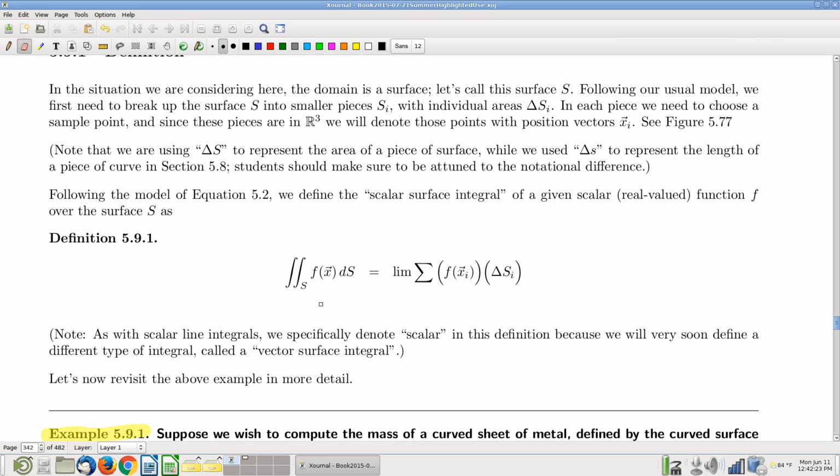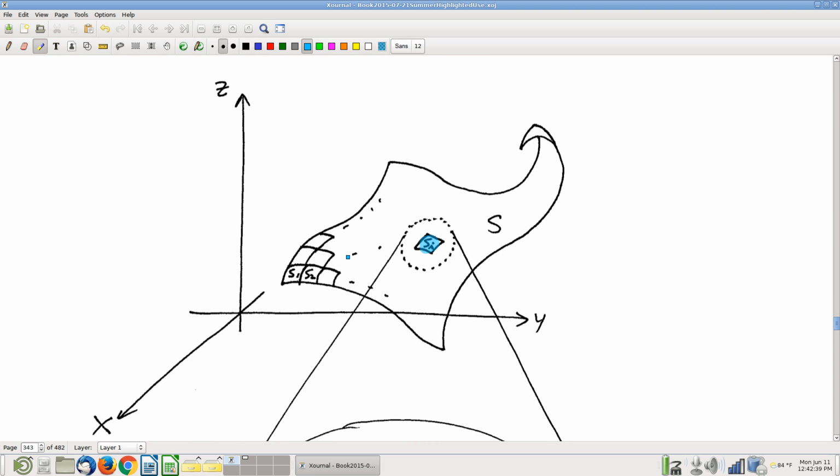Again, I think this is really plausible notation. We're shorthanding delta S by dS. You probably would have guessed that, right? This is a summation that's happening over a two-dimensional surface. So you have to tell me two things to describe where you are. You know, which of these slices are you in, you might say.